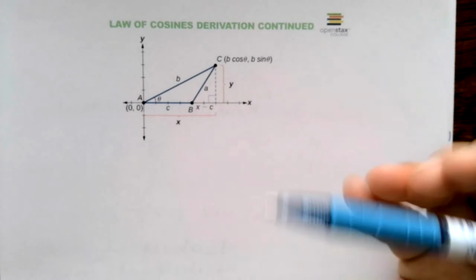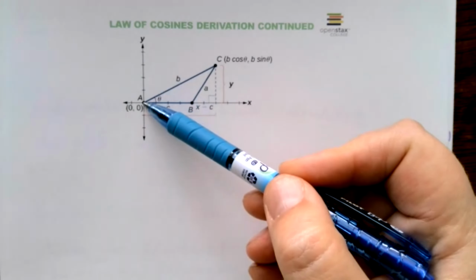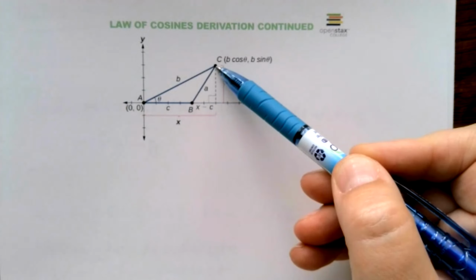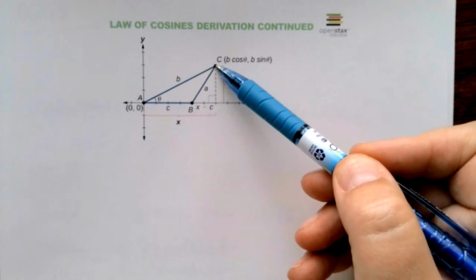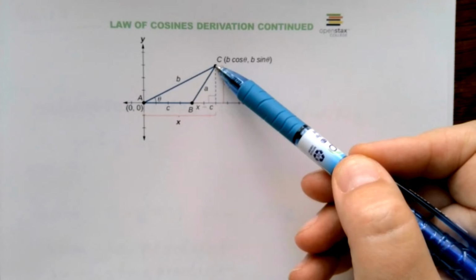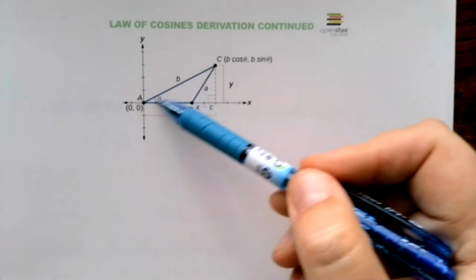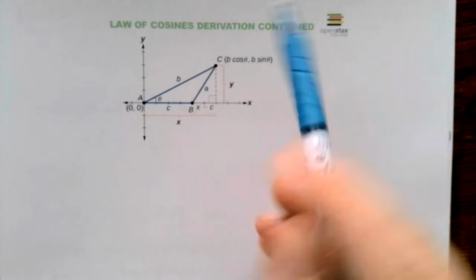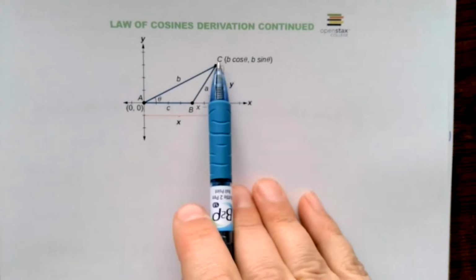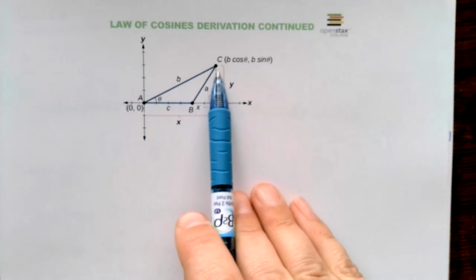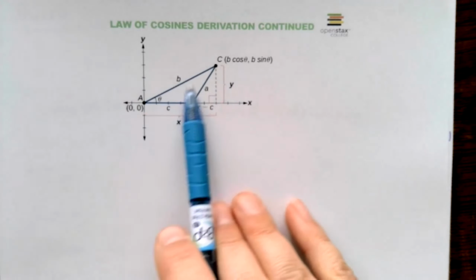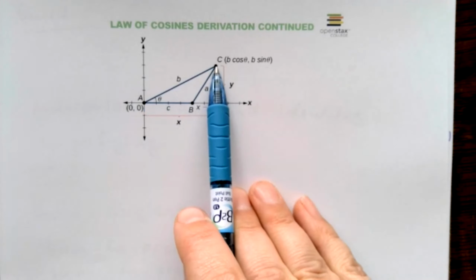It's a generalized triangle, so the hypotenuse of this triangle is not necessarily 1. It's not a unit triangle, or a triangle in the unit circle. So the x and y coordinates here are scaled by the length of this side of the triangle.